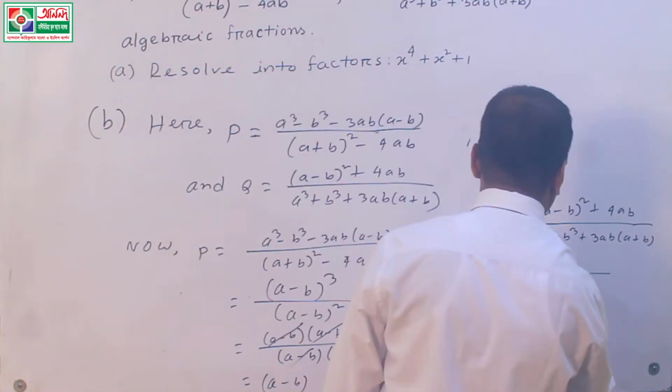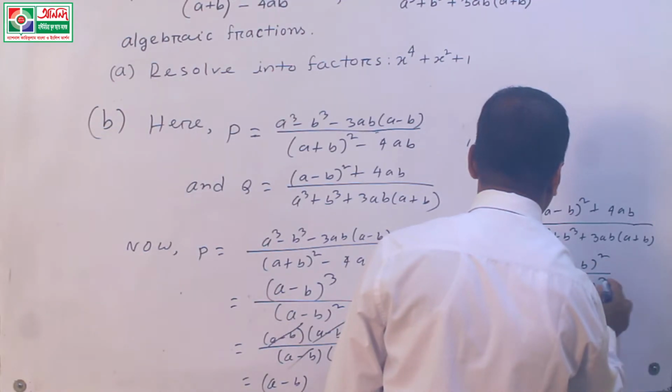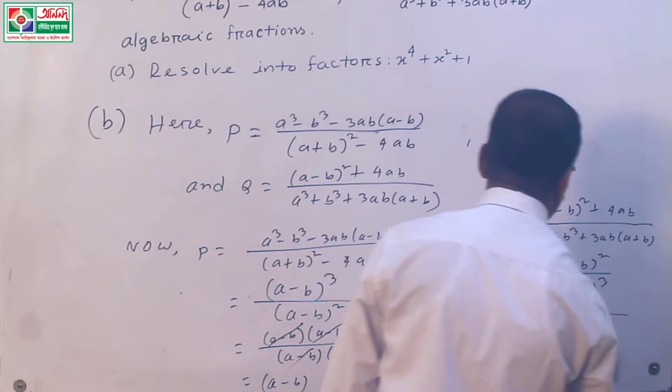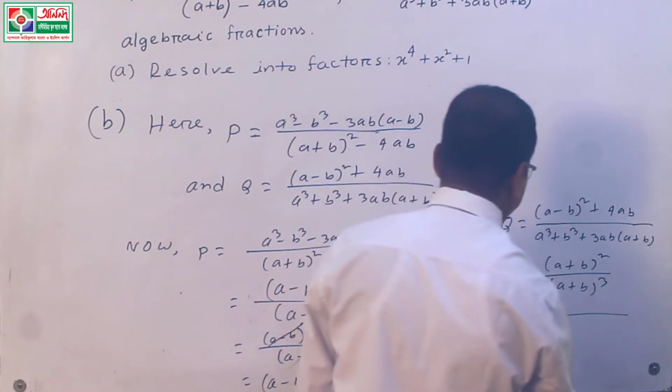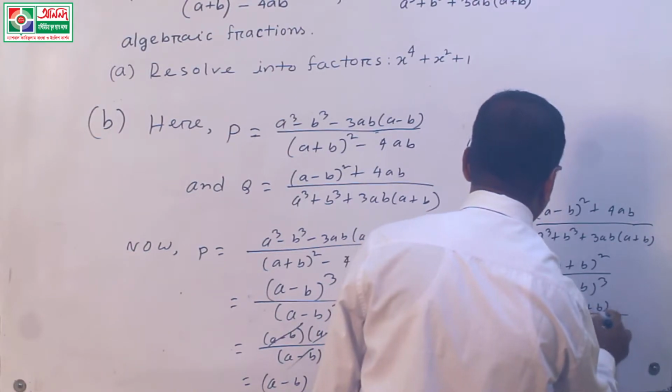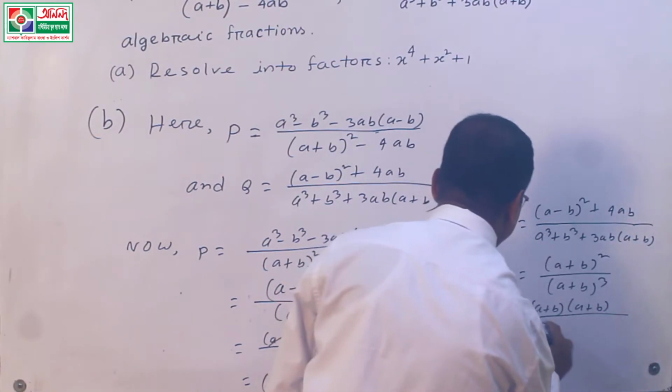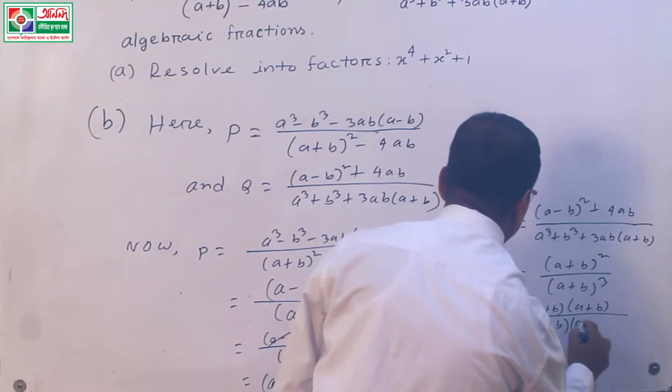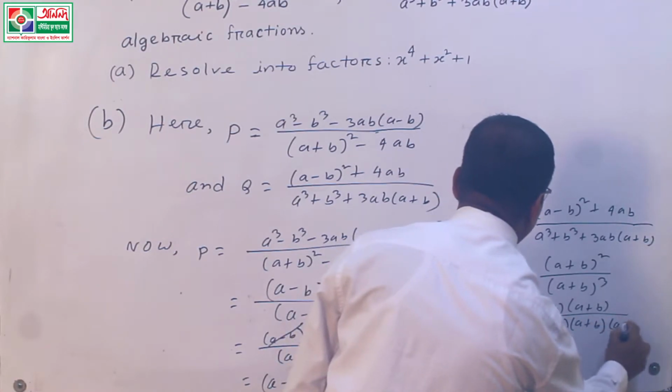So you can write here (a plus b) whole square, and here (a plus b) whole cube. Now you can write this by resolving (a plus b) into (a plus b), and in the denominator (a plus b) into (a plus b) into (a plus b).